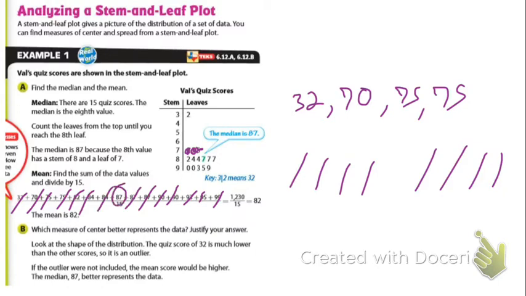I mean, you can do what they're suggesting, ladies and gents, once you have a solid foundation in that aspect. But if you're still a little iffy, my suggestion is just to cross them off from each side. But if you can understand that there's 15, the middle one would be 8, then by all means. Math is beautiful. There's a lot of ways of getting the correct answer, okay?